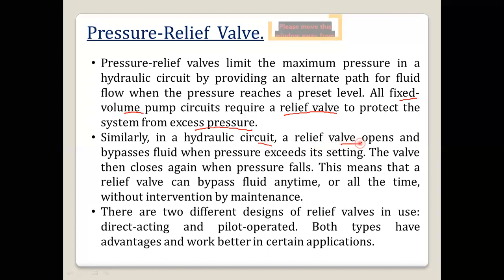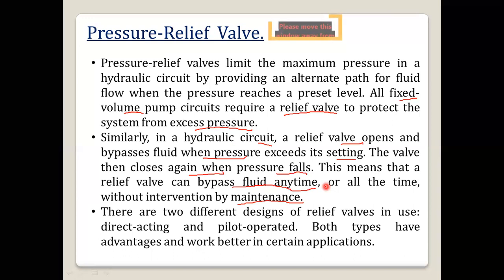In the hydraulic system, a relief valve opens and bypasses the fluid when pressure exceeds its setting. The valve will close again when the pressure falls. This means that the pressure relief valve can bypass fluid at any time without intervention by maintenance. So with this, I can say that the pressure relief valve is a closed type valve.